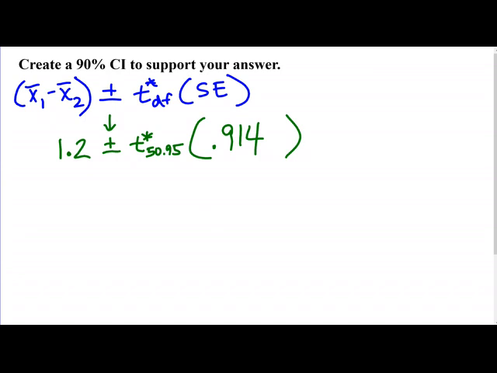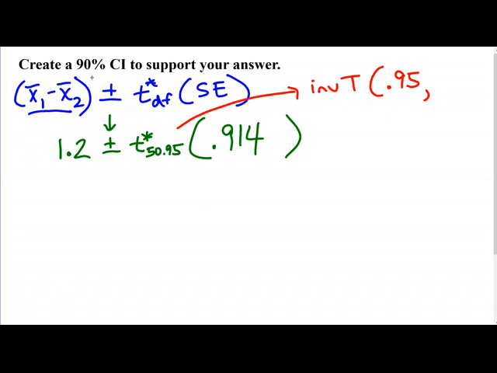All right, in terms of our confidence interval, we're going to take the difference in our two means, which we already knew to be 1.2. Our standard error we know from that problem was already 0.914. We're going to use t star 50.95. So remember, to do that, you're going to do inverse t, and you're going to use 0.95, and that comes from 90 plus half of the remaining 10.